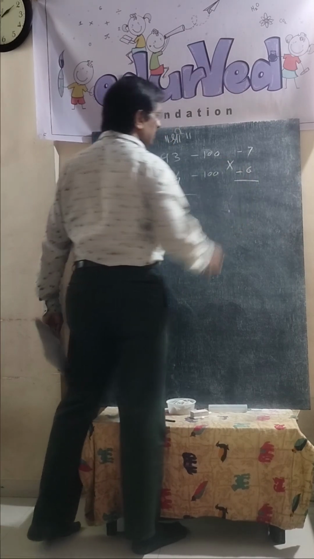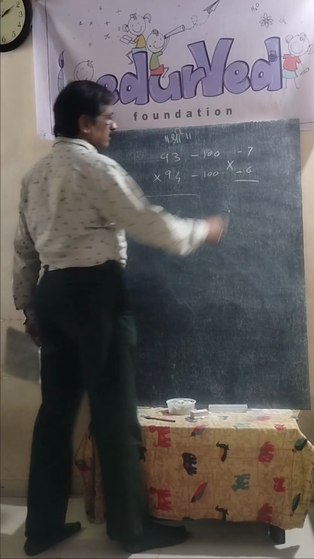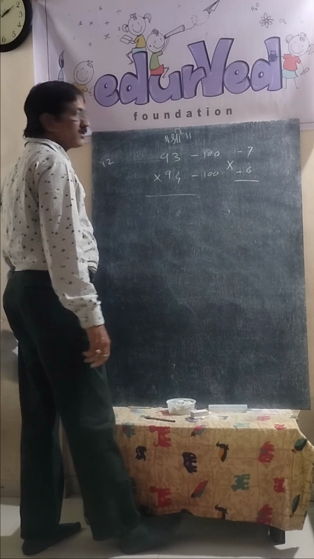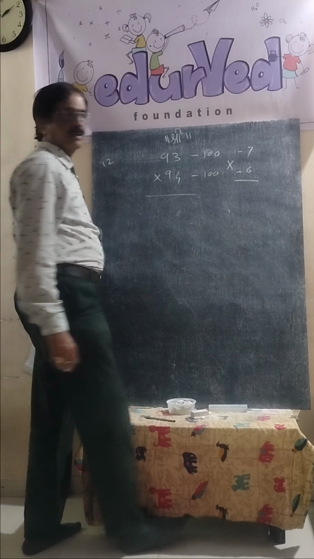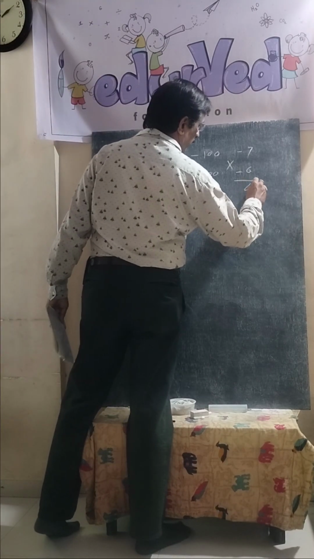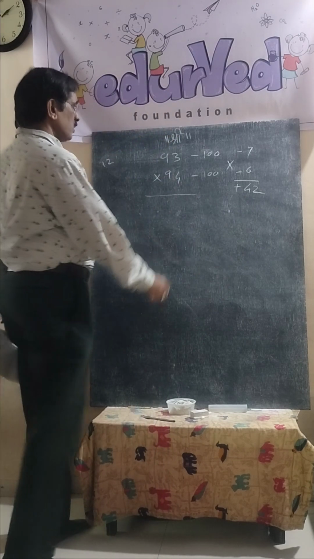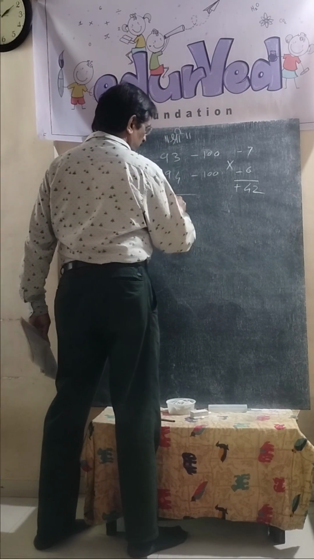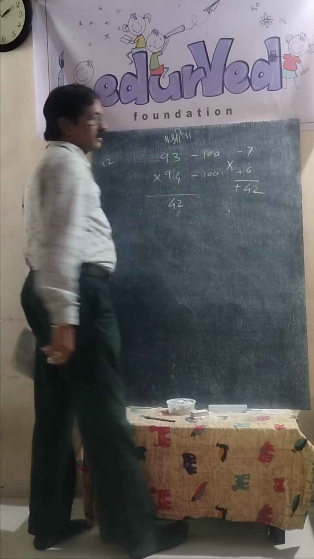So the next step is you multiply both these numbers. 7 into 6, 7 sixes are 42. This will be plus. So you write 42 over here.